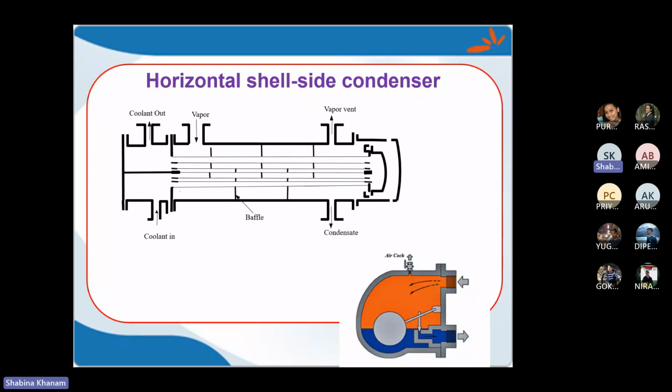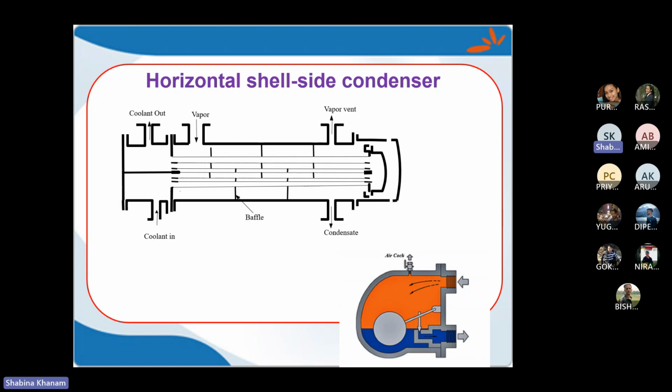Next, we discussed the types of condensers in the category of shell and tube. We categorized them based on orientation as well as based on condensation side. We saw whether condensation occurs on the shell side or tube side, and the orientation, horizontal or vertical. The question is how to choose the correct condenser, because the design will depend on that type of condenser.